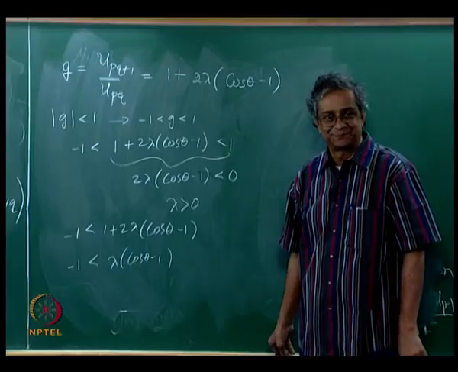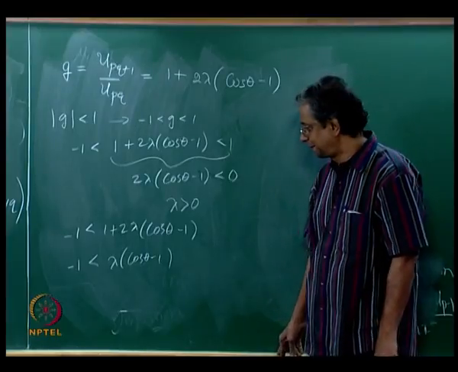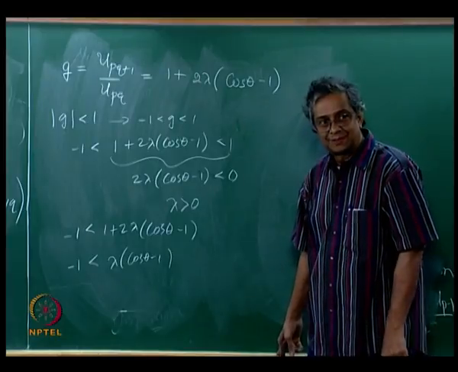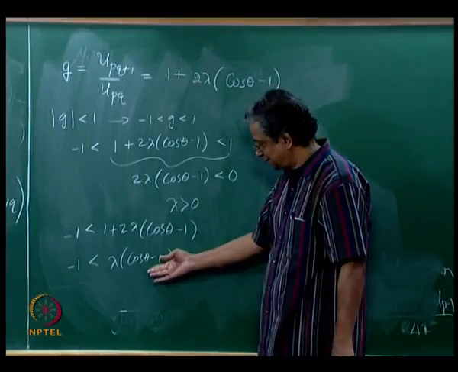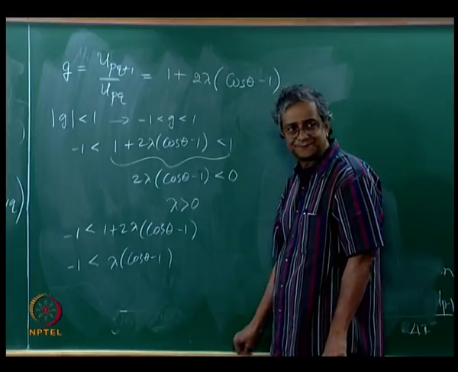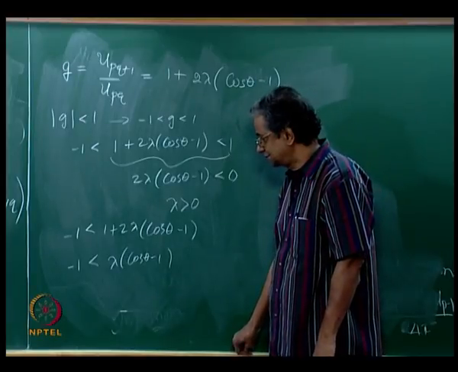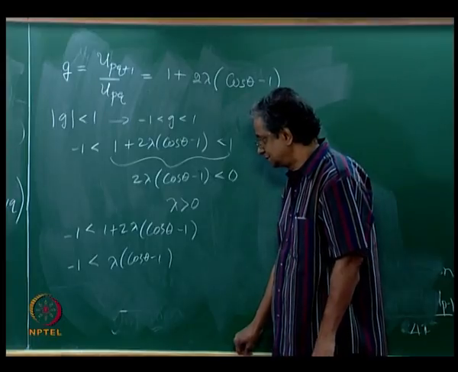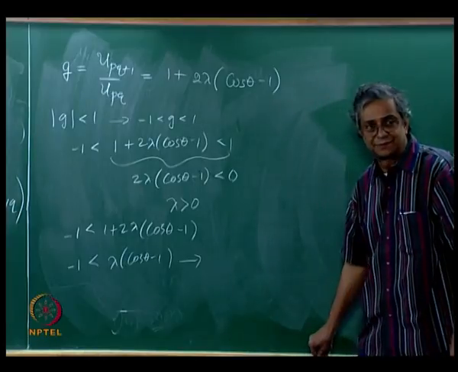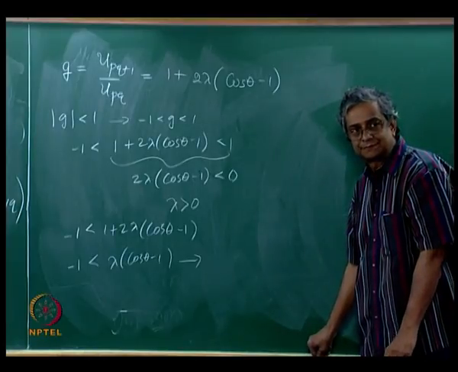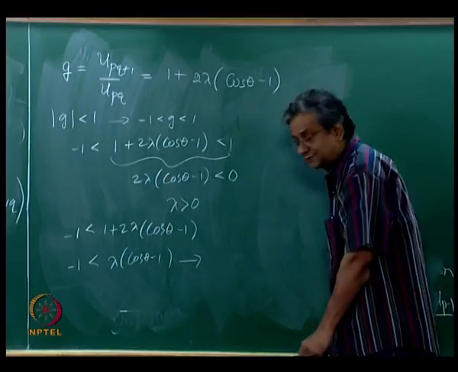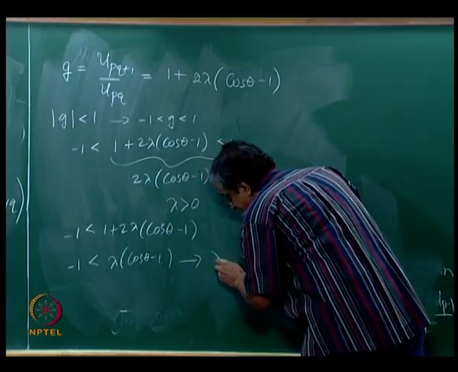Then what does it tell us about the cos theta minus 1? What can happen? What is the constraint that this gives me? Lambda is less than half. So you get lambda is less than half.